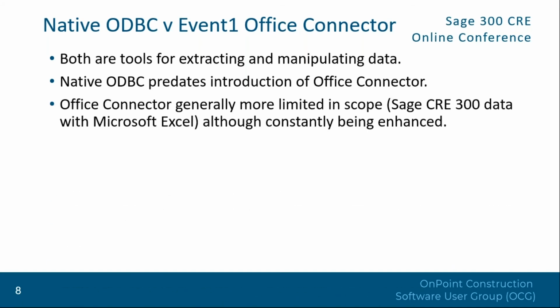The one thing to be aware of is that Office Connector in itself is more limited in scope than general native ODBC. It's basically an Excel add-in, for use with Sage data in Microsoft Excel. They are constantly enhancing it, but as an example, the last time I chatted with Mike over at Event One, they do not interface with Access.